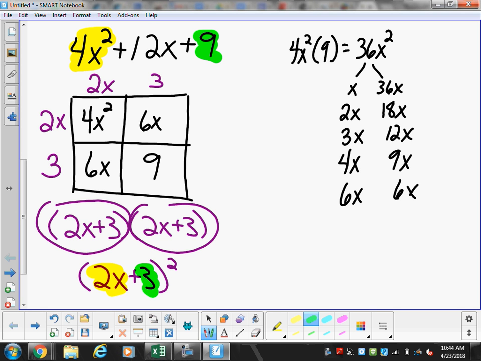What do you have to do to the 4x squared to get 2x? It's actually dividing it by 2x. In other words, if you take 2x times 2x, you get 4x squared. If you take 3 times 3, you get 9. Okay? So what this is called, and I wrote it up here, this is called a perfect square trinomial.